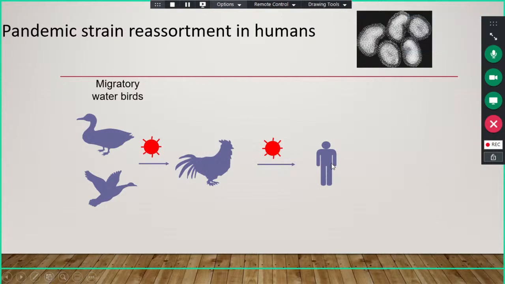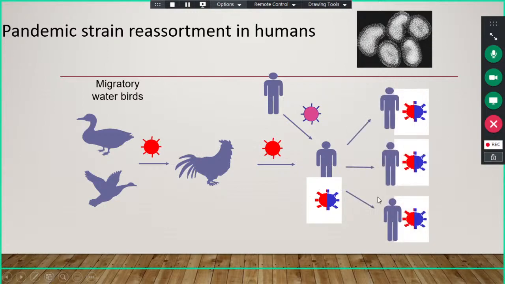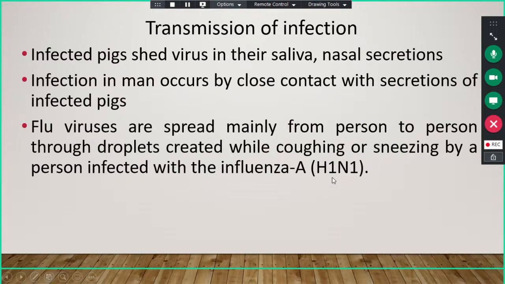So even in the human being, if a human gets a viral infection from the bird, and then another influenza infection, reassortment occurs and it will cause a new virus. That is called antigenic shift. And this was responsible for the swine influenza or H1N1 pandemic in 2009.